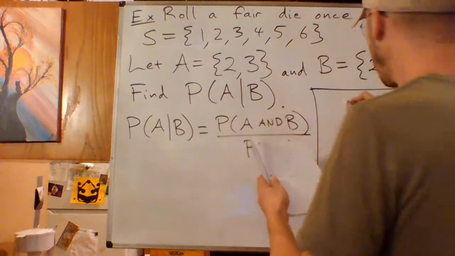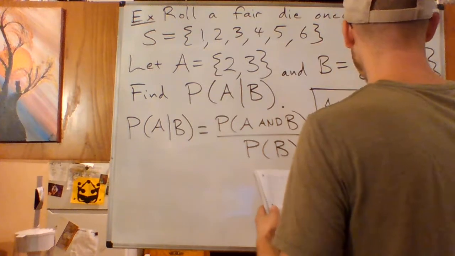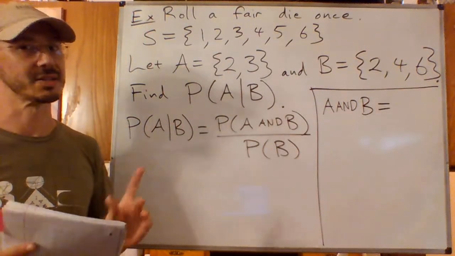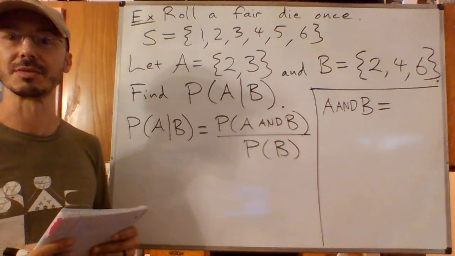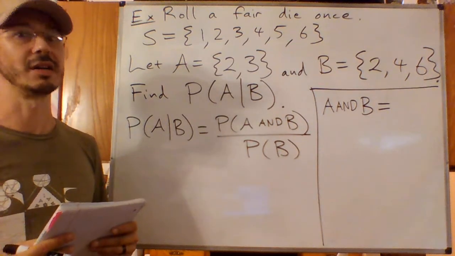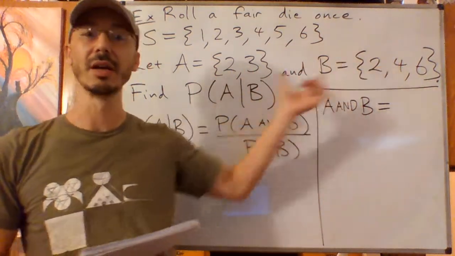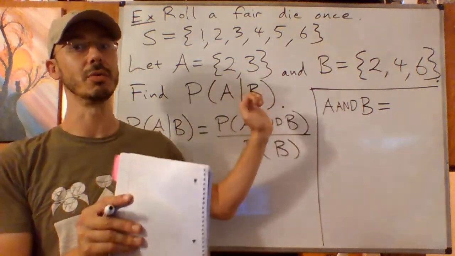First, A and B. What is A and B? It's not a number. It's a set of outcomes. It's an event, a new event built from A and also B, and it consists of the things that are in both of these, which is just the number 2.